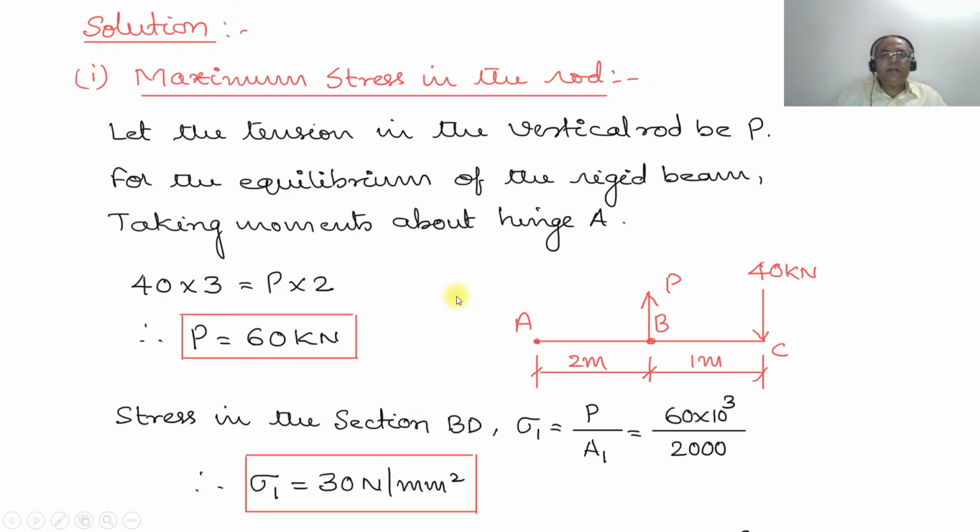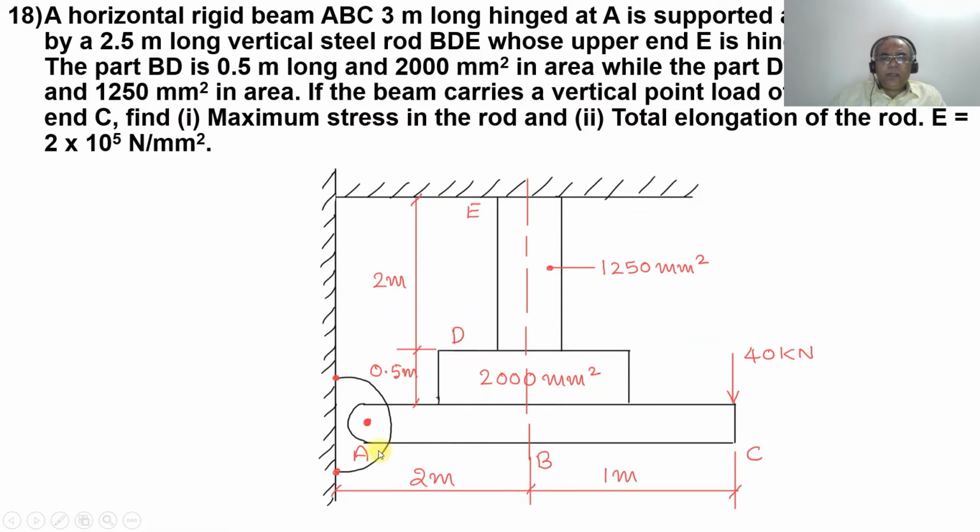So to do that, first we are going to take the maximum stress in the rod. So this is the horizontal steel bar. So we are considering ABC, which is of 2 meters and 1 meter length, having the load acting downwards, which is 40 kilonewton.